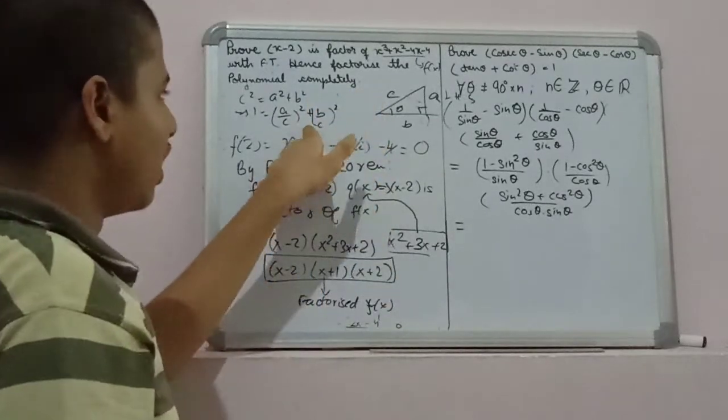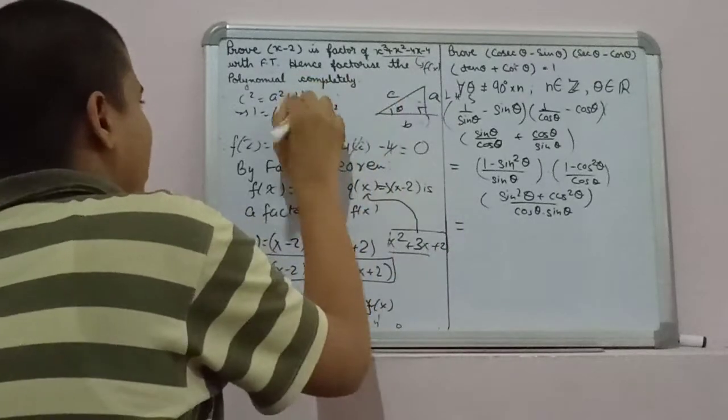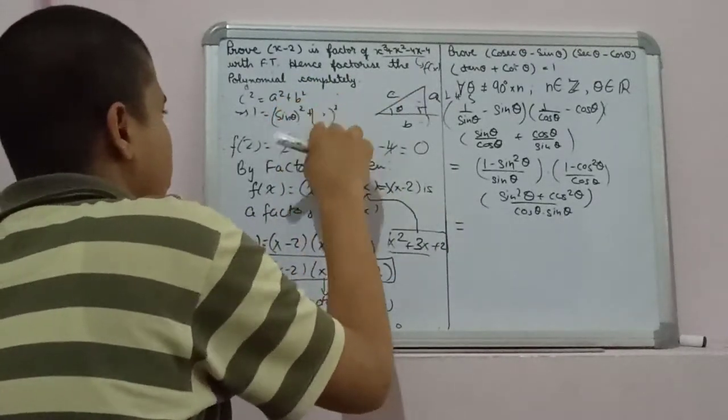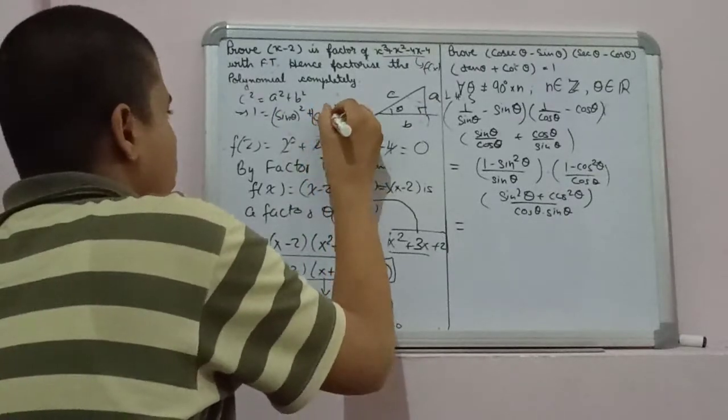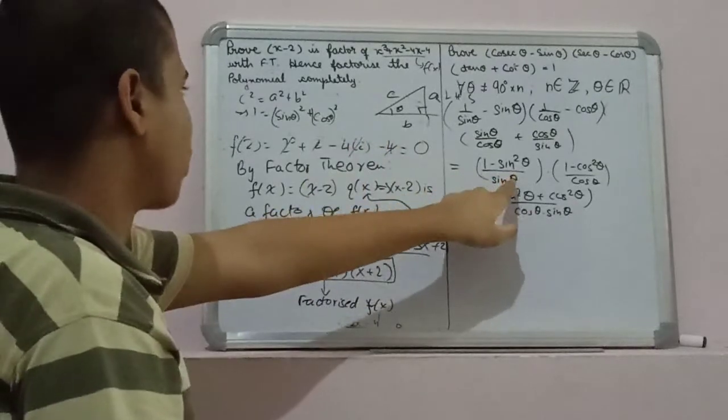What is this? A over c is the same thing as the sine of theta. So this is the sine of theta squared, and this is the cosine of theta squared.